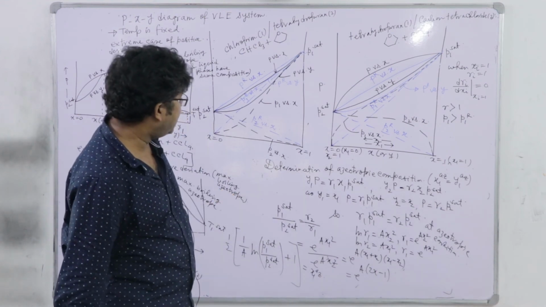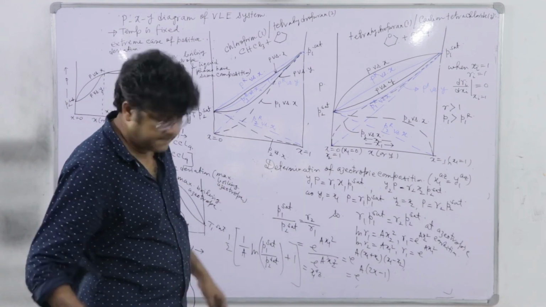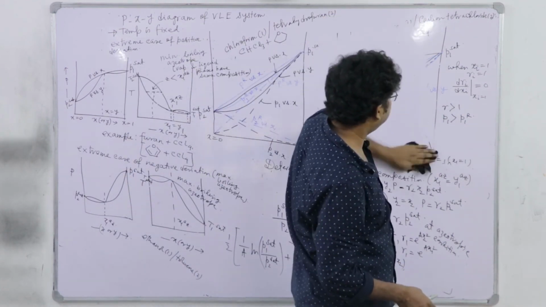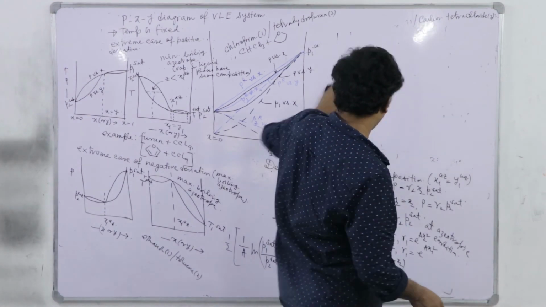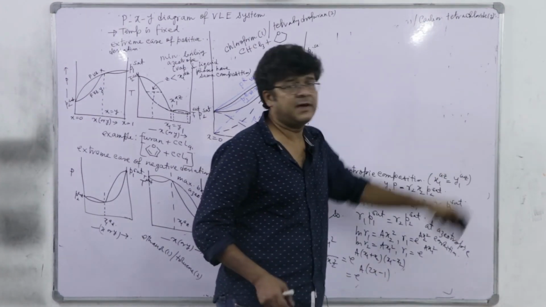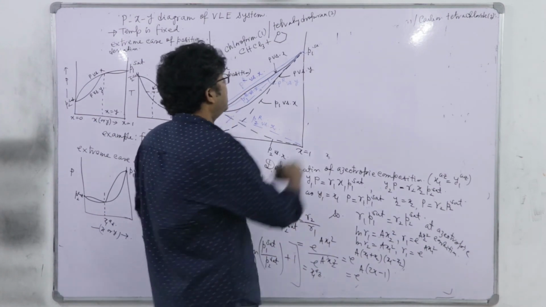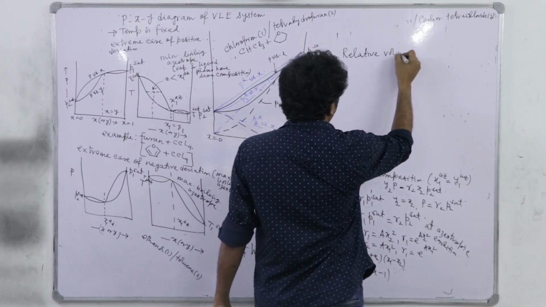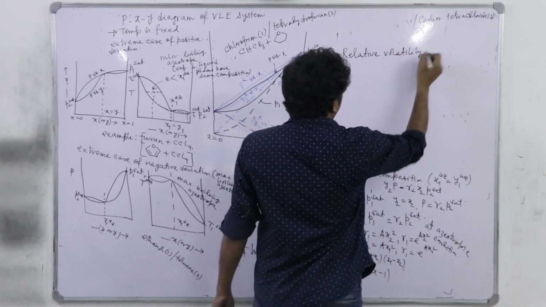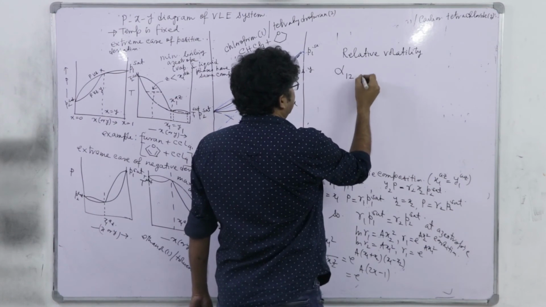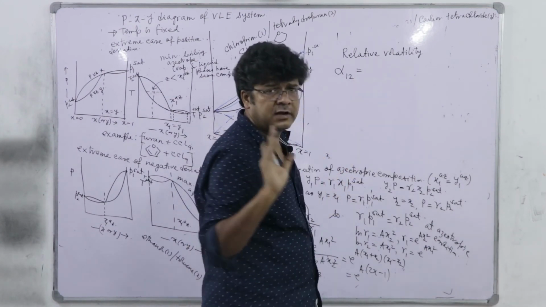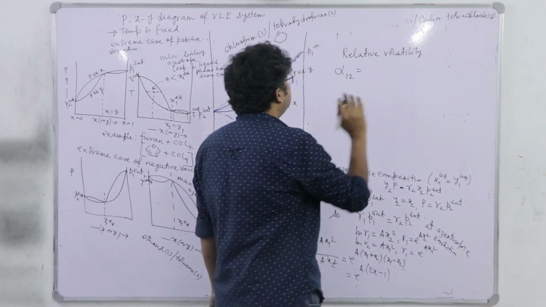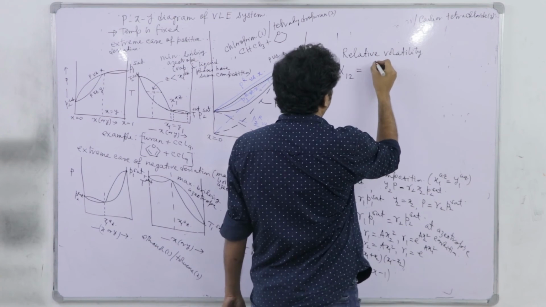Now here, in relation to this azeotrope, if I have to check the separability of a binary system upon vaporization, we must focus on a very well known quantity, that is relative volatility. Relative volatility of component 1 with respect to component 2, restricting ourselves within this two component system.